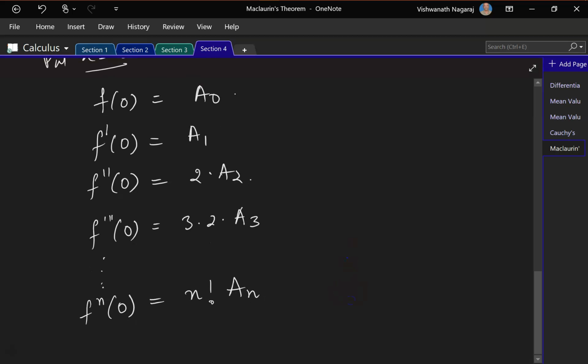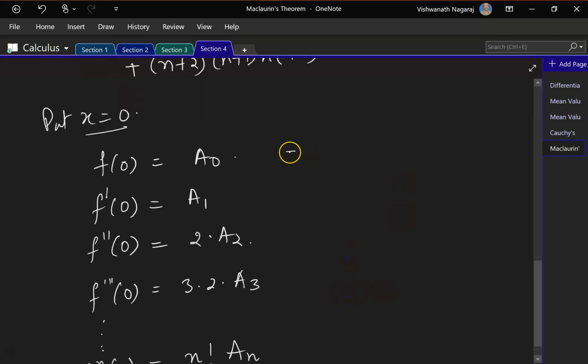Yes, okay. Now let's make a0 equal to what? F of 0. Here a1 is equal to what? F prime of 0. a2 is what?